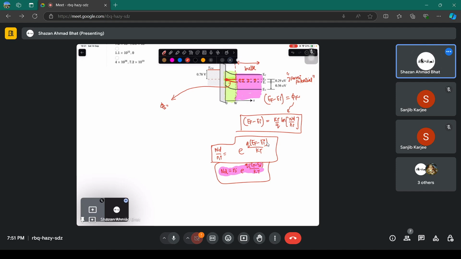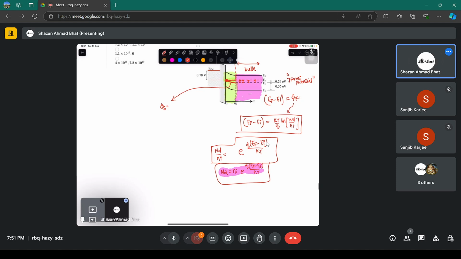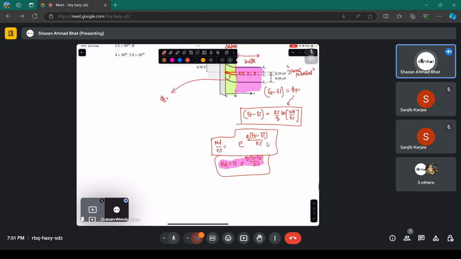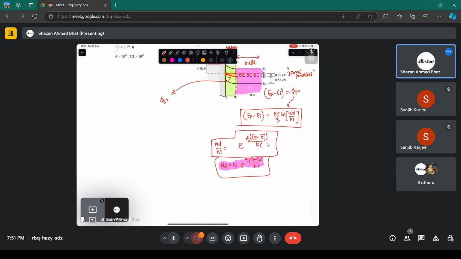Whatever the intrinsic level is in the bulk and whatever it is at the interface, this is going to give you phi s.